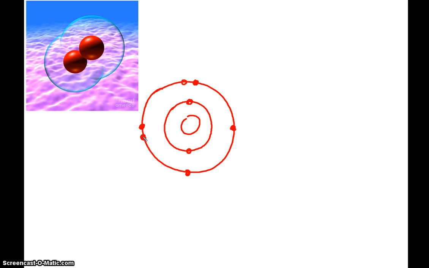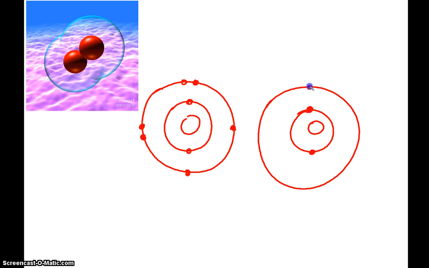And now if we take a second oxygen, again that's an O for oxygen, the inner shell we said has 2 electrons. The outer shell again has 1, 2, 3, 4, 5, 6 valence electrons as well. Hang on a second here, guys. Sorry about this. Let's see if I can undo that.